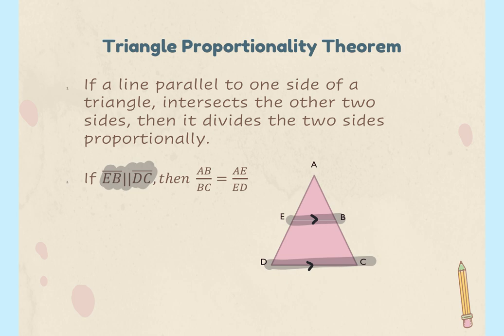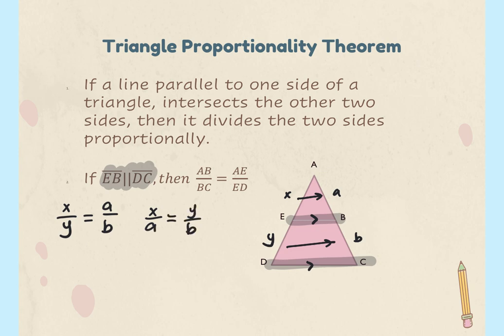So if I just put like an X, Y, and an A, B, so we don't have to write out all of the letters, okay? I can say that X over Y equals A over B. So I could go left over left, right over right, top, bottom. Or I can go across this way and say X over A equals Y over B. And you can even reverse that.